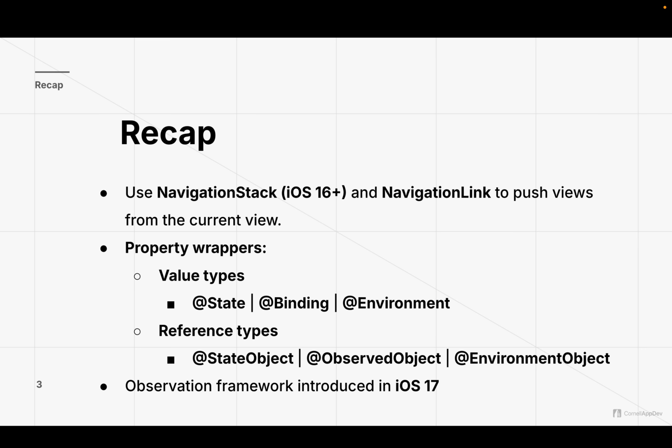And for reference types, you add Object after that, and it has to conform to ObservableObject. And a side note: the Observation framework was introduced in iOS 17 to get rid of these multiple different property wrappers, and instead just use @Observable and stuff like that.